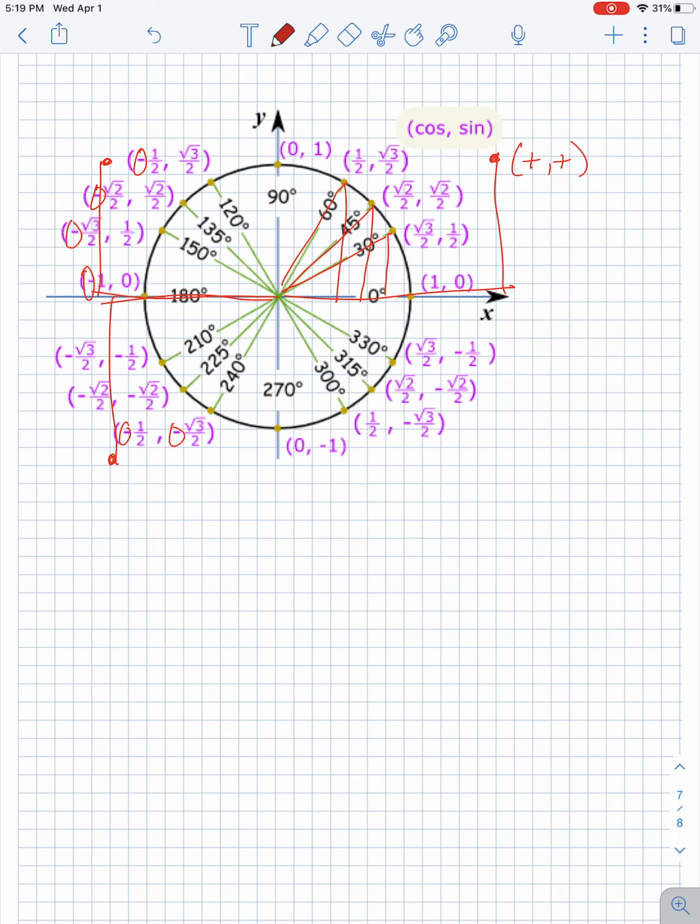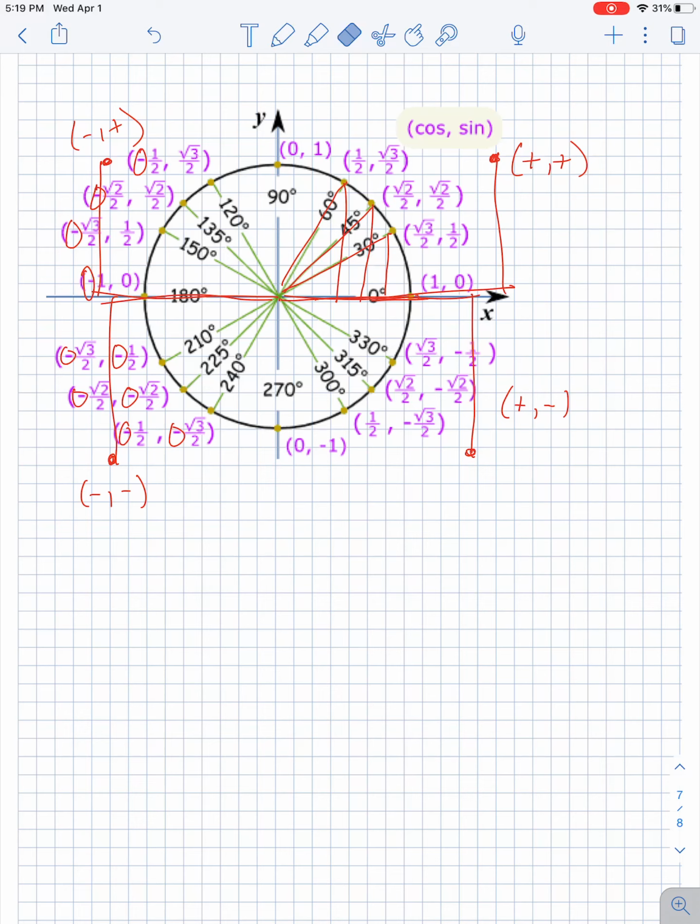So that's why you see double negatives in each of these coordinates. And over here, they are positive, negative, these points. Okay, so that's why the signs are changing, but notice that the numbers are kind of the same because they're all built off the same triangles, just flipped around the origin.